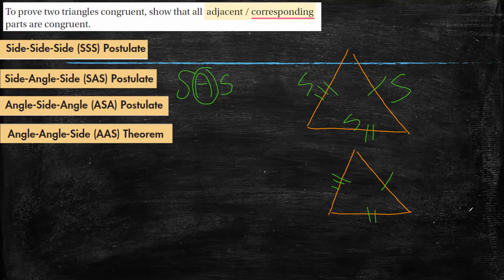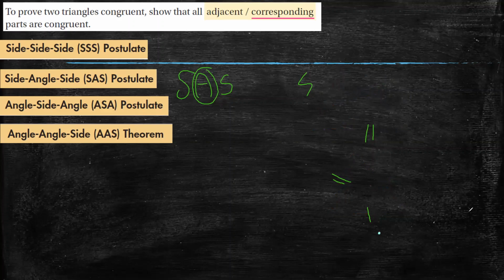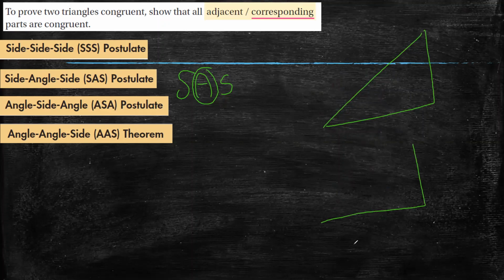That means if I have this triangle and this triangle here, and he told me that this side is congruent with this side, and this side is congruent with this side, and this angle is congruent with this angle.